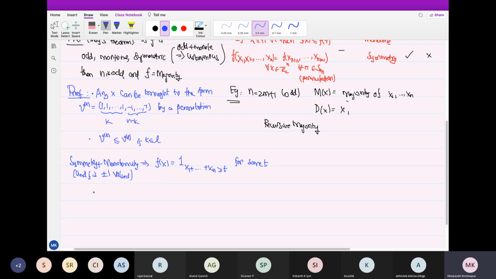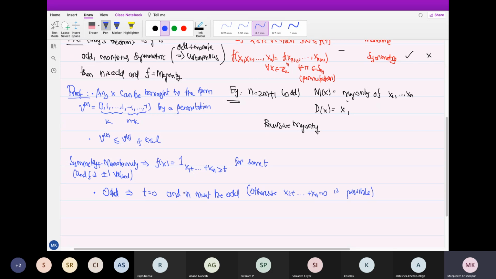Now we also say odd. Odd implies t has to be 0, because if you flip all the xi's, it has to flip. So t has to be 0, and n must be odd. Otherwise x1 plus up to xn can actually equal 0, and in that case that doesn't flip the sign.